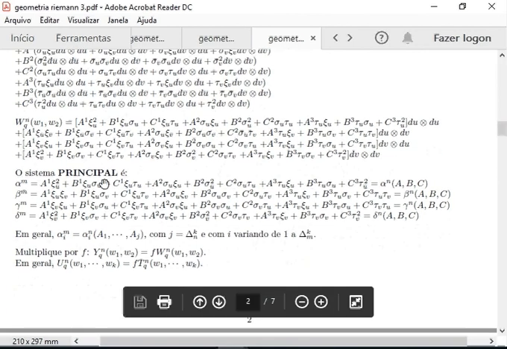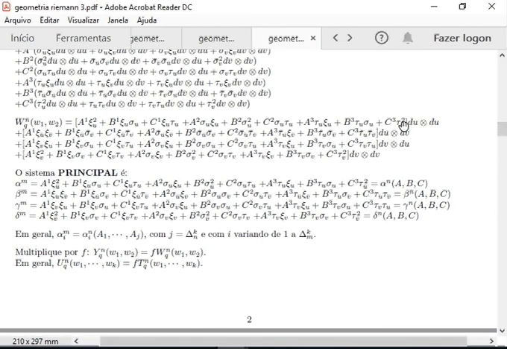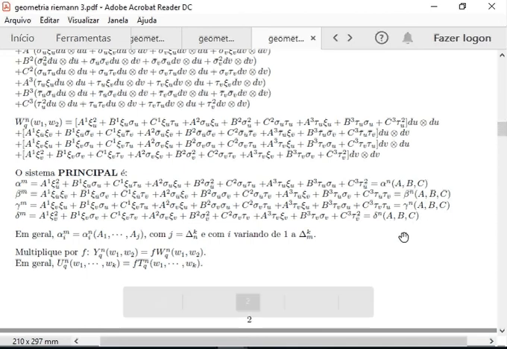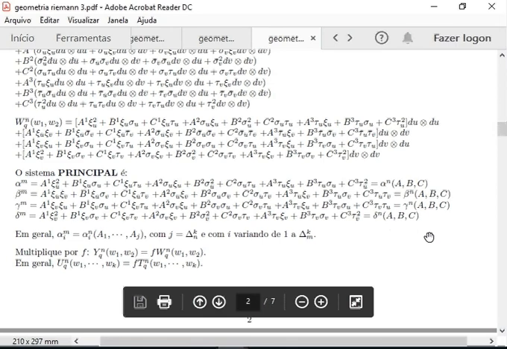And the main system is alpha m equals this coefficient, beta m equals the second coefficient, gamma m equals the third coefficient, and delta m equals the fourth coefficient, which are alpha n of ABC, beta n of ABC, gamma n of ABC, and delta n of ABC.